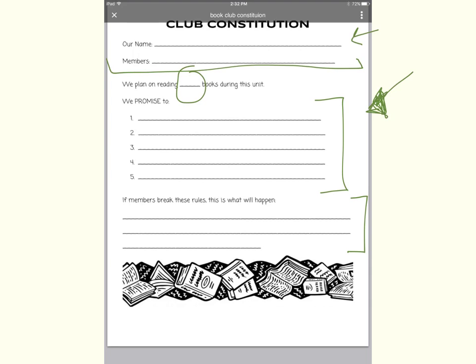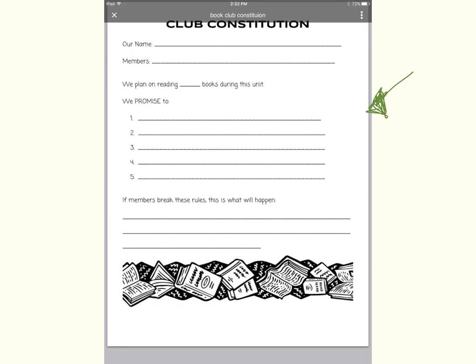You're also going to want to think about what happens when you break the rules in terms of the things that went wrong with the last book club. Sometimes there were students or readers who didn't read quite a bit, and what's going to happen then? So I want you to think about that for a minute and give your teacher a thumb up when you know of something that you're going to promise to do in this book club.